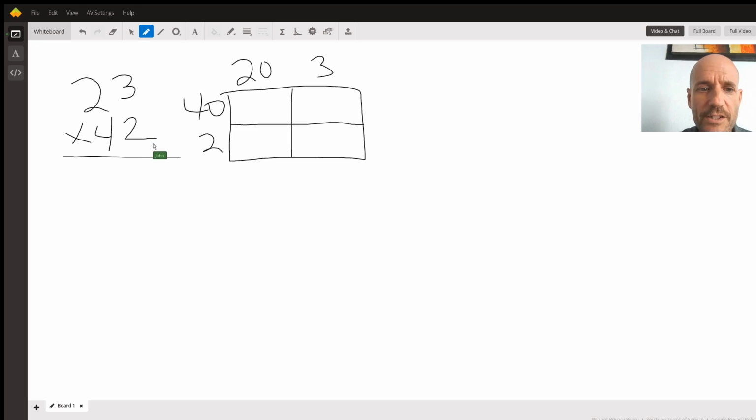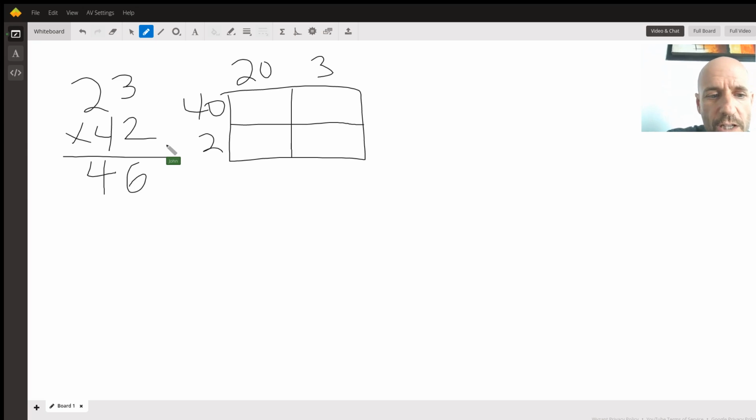Now, I'm going to go ahead and solve this problem using the traditional algorithm that people my age and most adults were probably taught when they were in elementary school. So if you look, you can see, okay, 2 times 3 is 6, great. 2 times 2 is 4. Okay, so far so good.